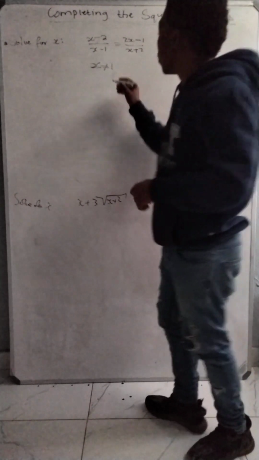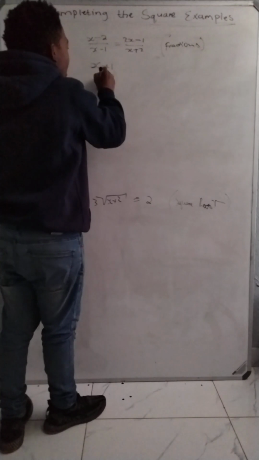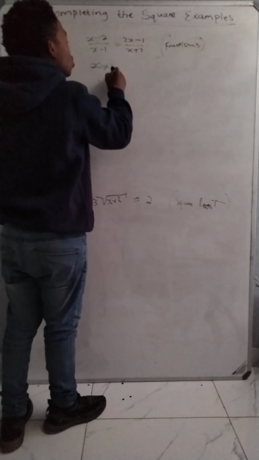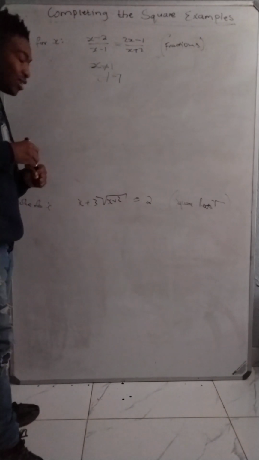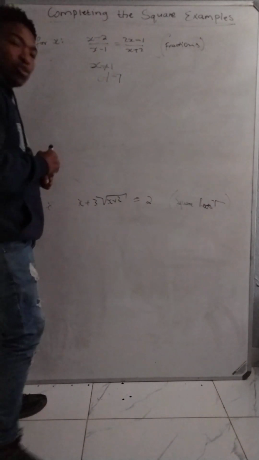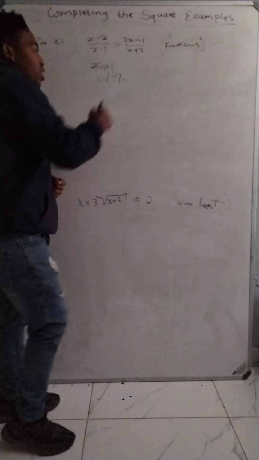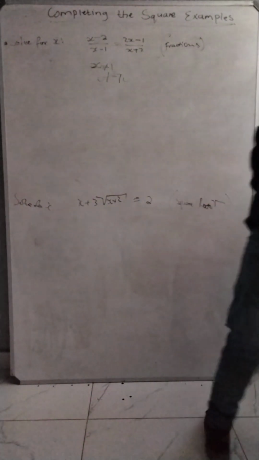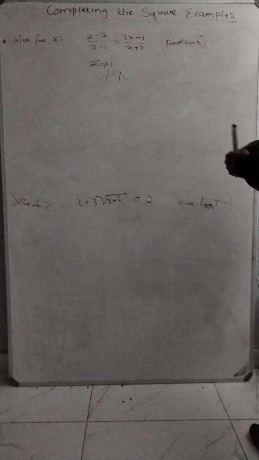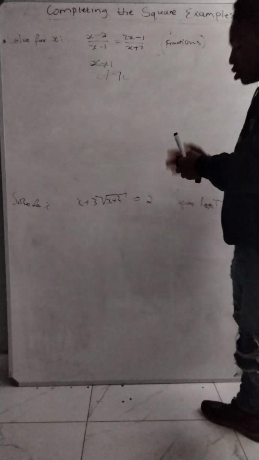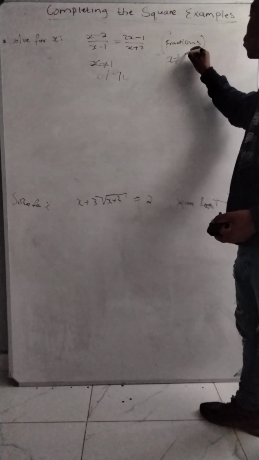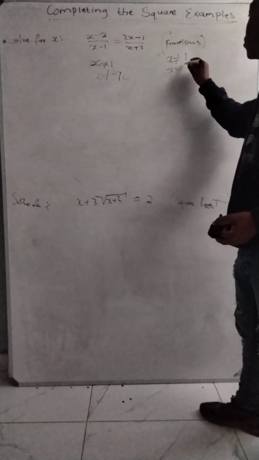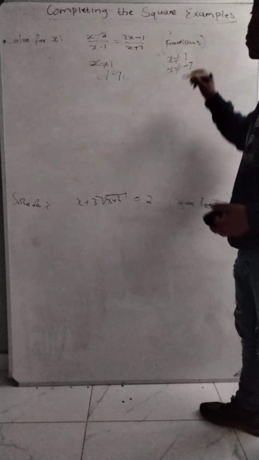So your second answer is going to be x is not equal to minus 7, because minus 7 plus 7 is 0. Your examiner might just give you marks for that. So I'm going to write on the left that x is not equal to 1 and x is not equal to -7.